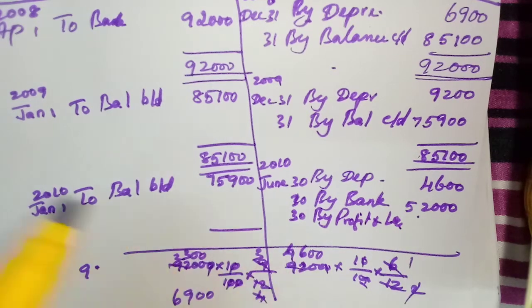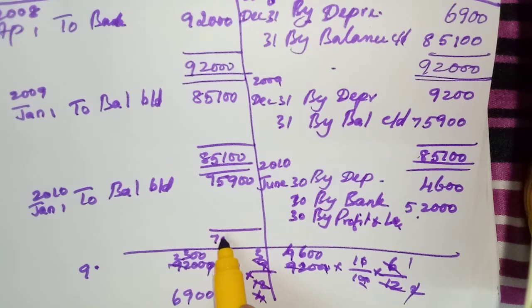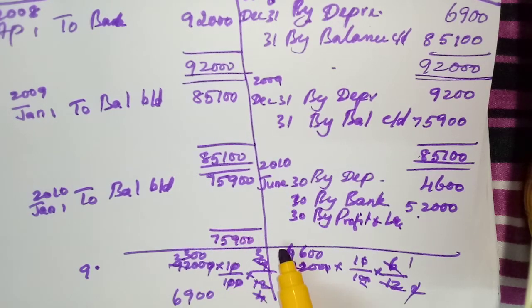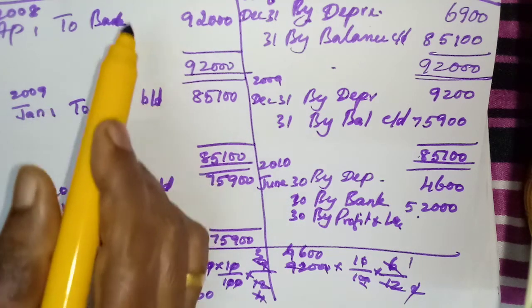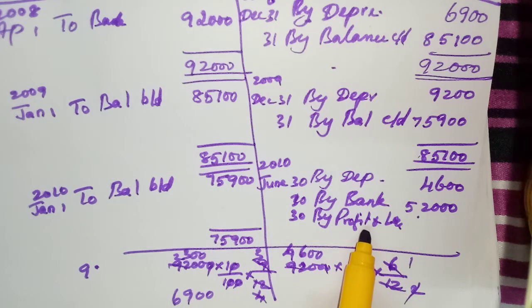Write the total 75,900. For profit, what is the entry now? You see whether it is profit or loss? Loss, because the selling amount is less. If we sell the asset for more price than the book value, we will get profit; then profit and loss account should be credited and machinery will be debited. But here we are debiting profit and loss account and crediting machinery account.